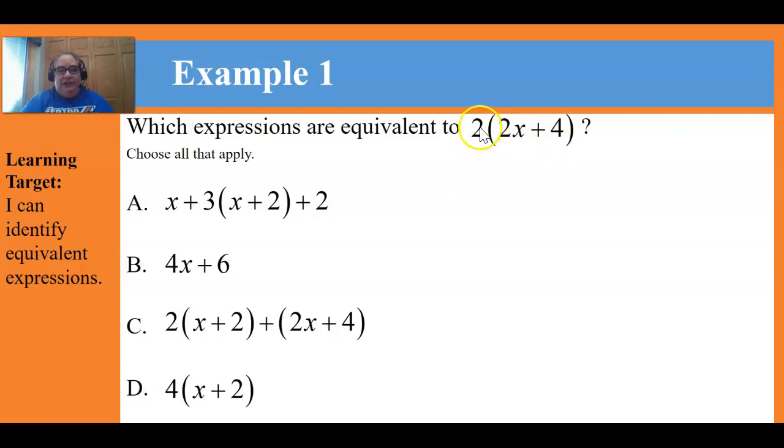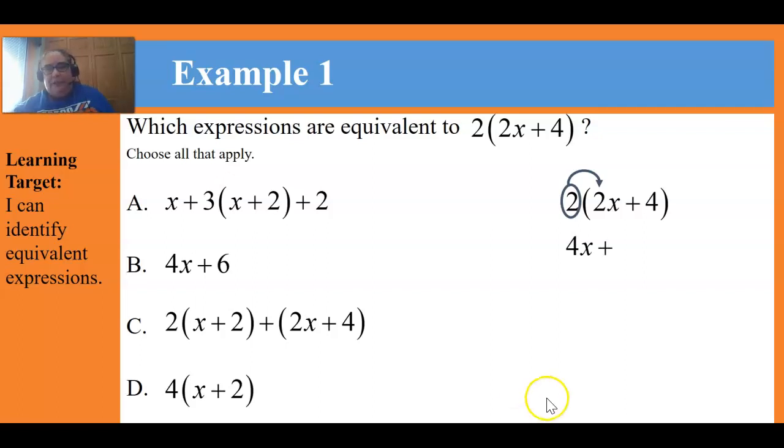So I am going to simplify 2 times the quantity 2x plus 4. So let's just give ourselves a little bit more room to work. And I'll start by distributing the 2. So I'm going to take that 2, multiply it by the 2x, and I'm going to do that part in my head. So 2 times 2x is 4x. I'm going to write down that addition symbol, because whatever symbol's in the middle gets copied down.